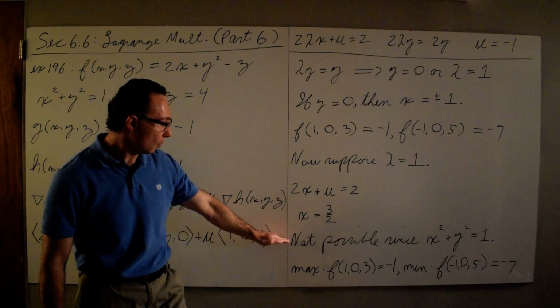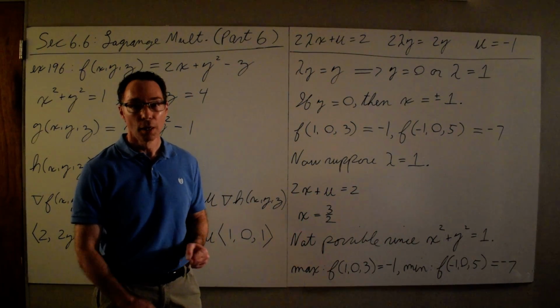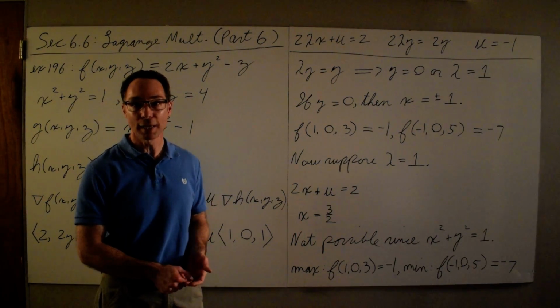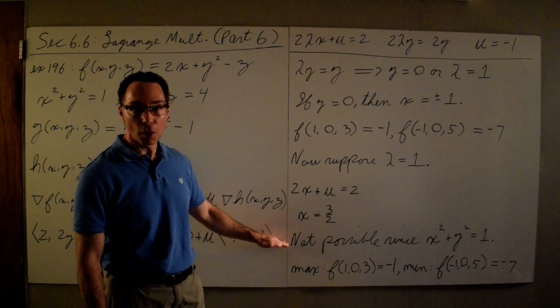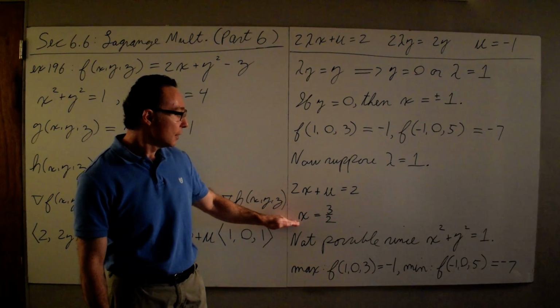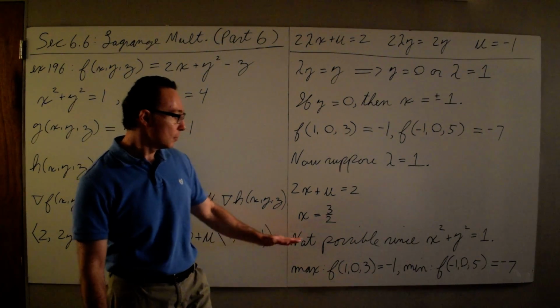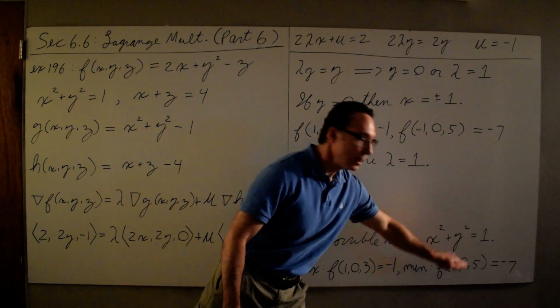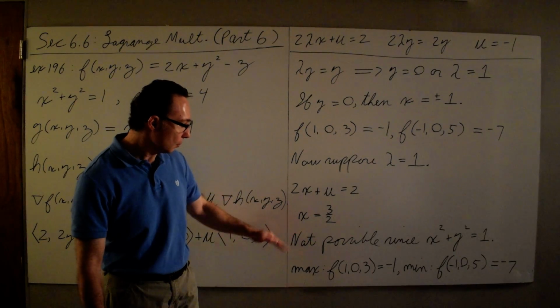This is not possible. If x is 3 halves, x squared is 9 fourths. 9 fourths plus y squared cannot be 1. It doesn't matter what y is. 9 fourths plus a non-negative number cannot possibly equal 1. So this is not possible.